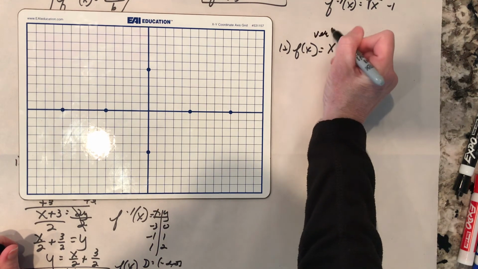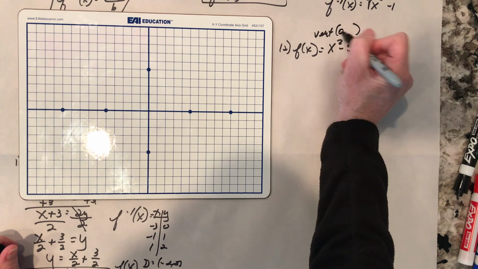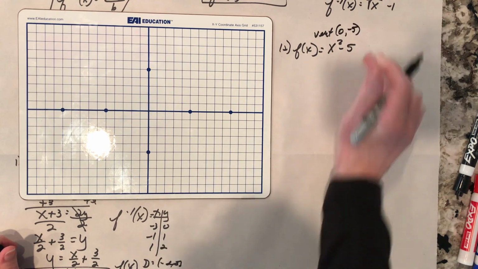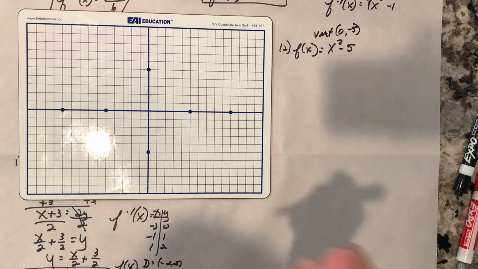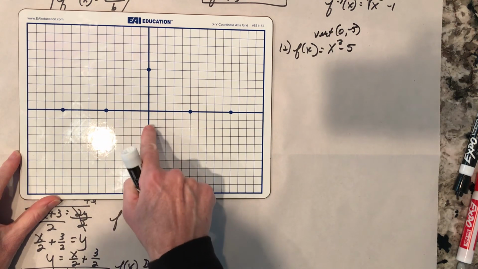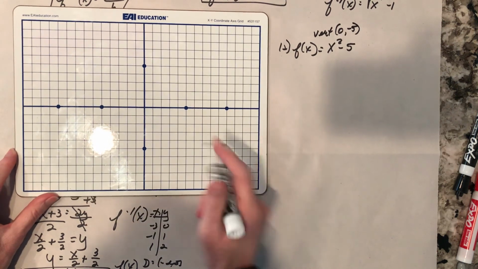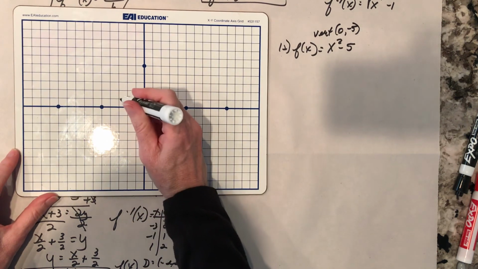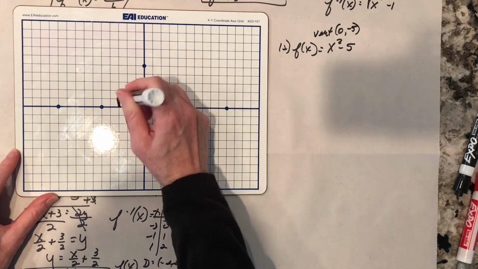Nothing's between there, so 0. And the same as what sits at the back. So this parabola is going to sit at 0, -5. 0 says don't go sideways. -5 says go down 5. 1, 2, 3, 4, 5 to the dot. So we're drawing it in something like that.